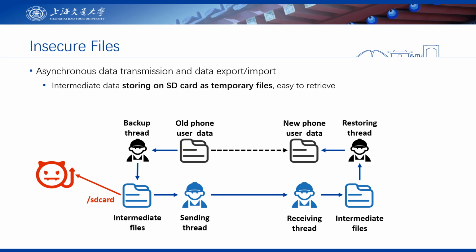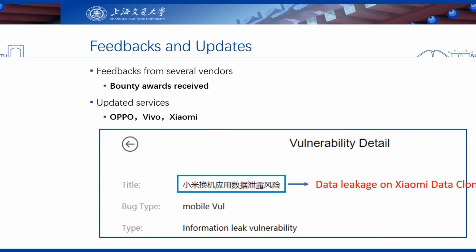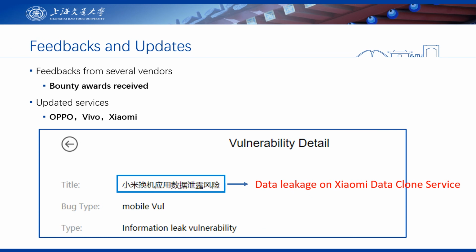Although these intermediate files will be deleted after the data clone process, there is a relatively long time window for malicious applications to copy files. We have implemented this data extraction attack on 4 Android phones. We have reported the discovered vulnerabilities and the consequences to the corresponding manufacturers, and the manufacturers have recognized the vulnerabilities and fixed them.